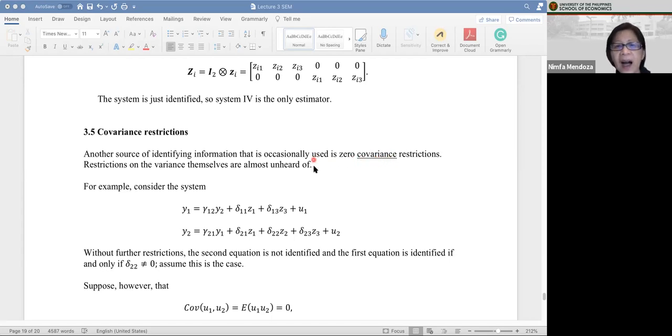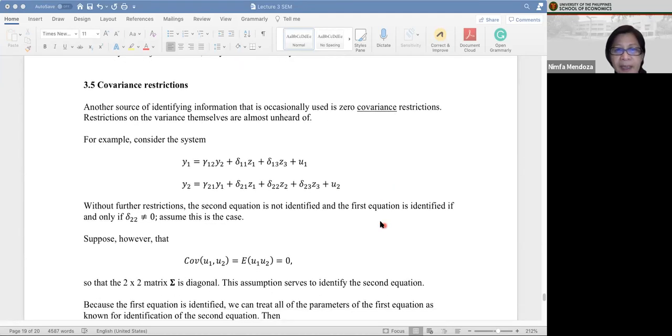We rarely have restrictions on the variances themselves. So it's more about how, if you have this two equation model, u sub 1 and u sub 2 are correlated.